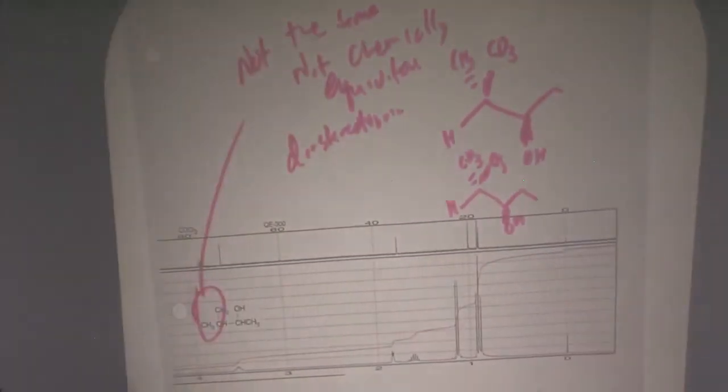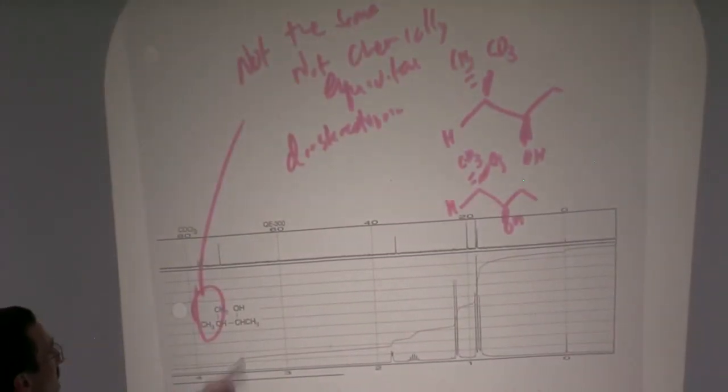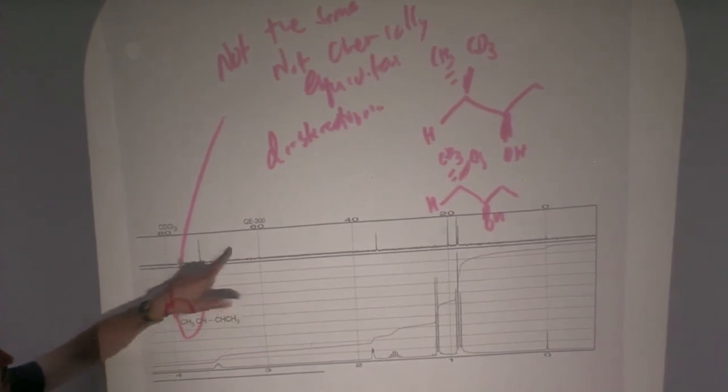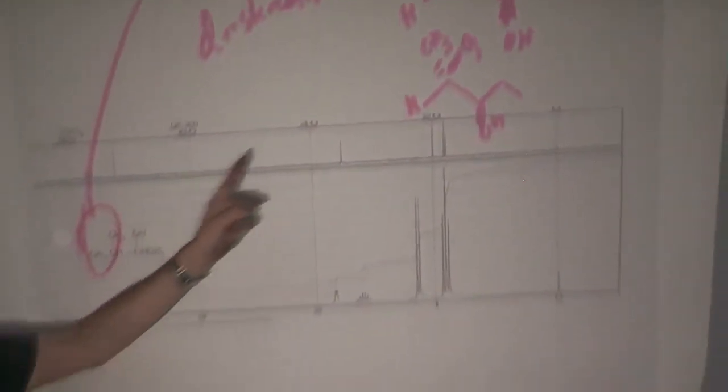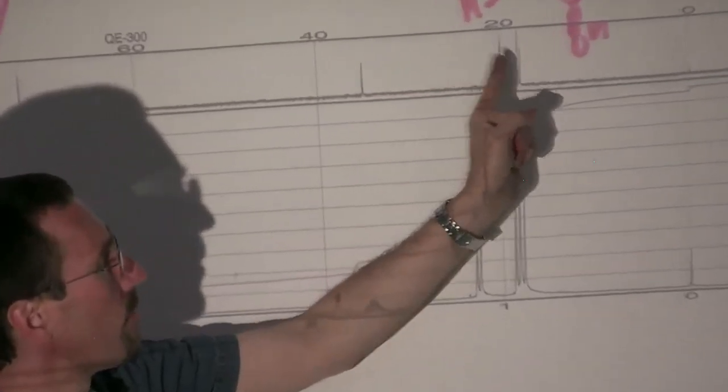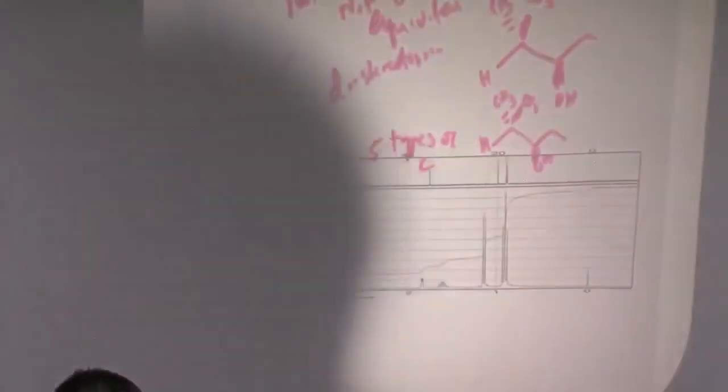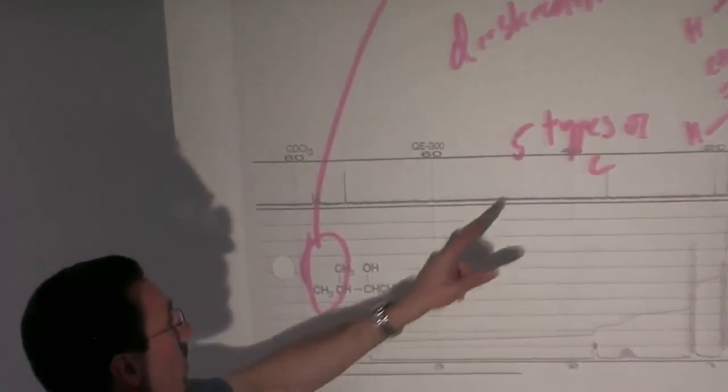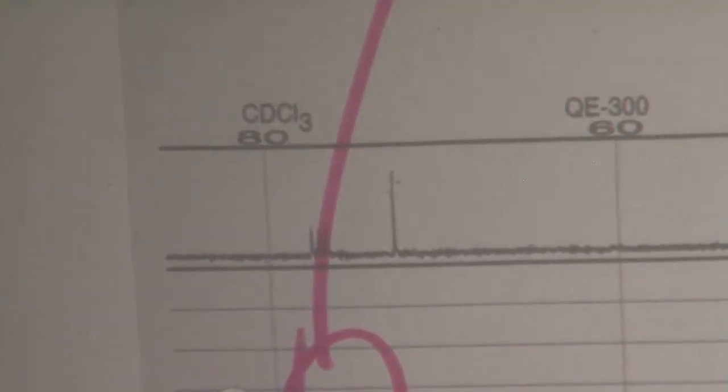Or the other way is just to think about the topology. But when you look at it, you say, all right, how many peaks do we see in the C13 NMR? 1, 2, 3, 4, 5. There are 5 types of carbon because there are 5 non-chemically equivalent carbons.